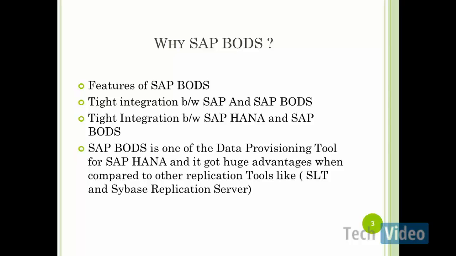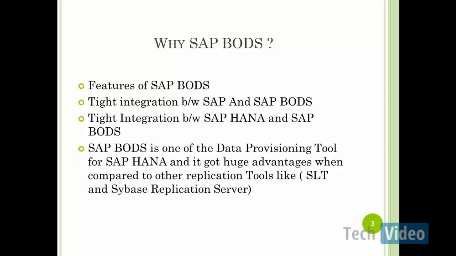We already know that there is something called slowly changing dimension 2. Slowly changing dimension 2 is a very powerful data warehousing concept where you have to preserve the history along with the current data, and also capture the time, that is, the duration of the existence of the history.